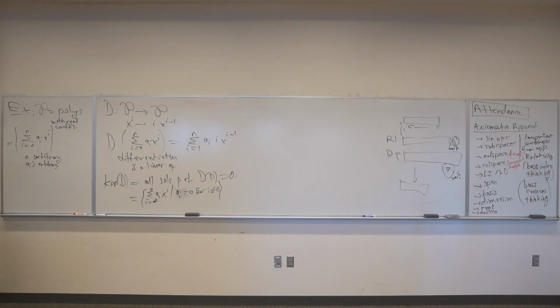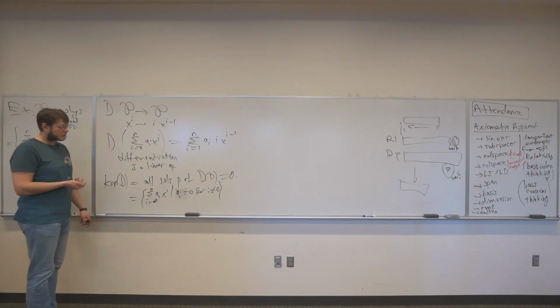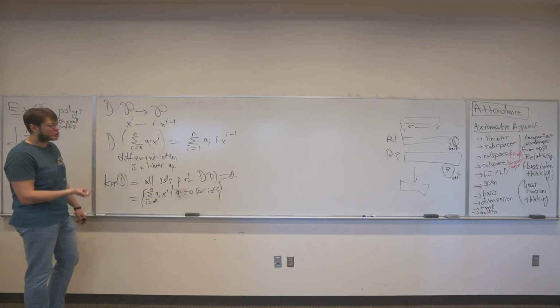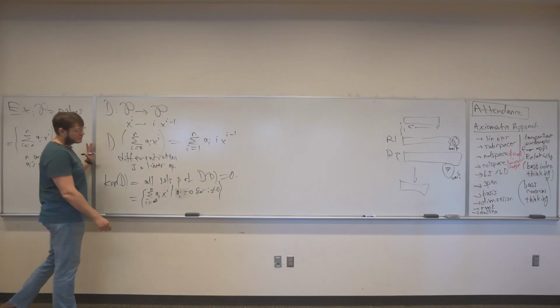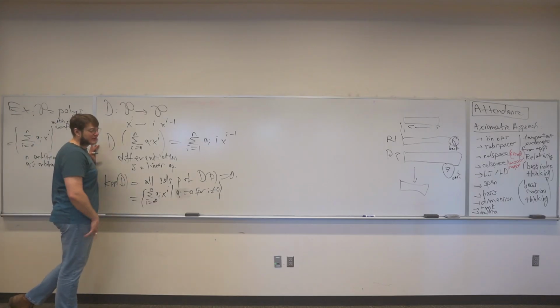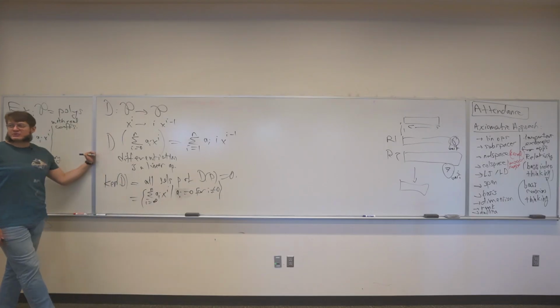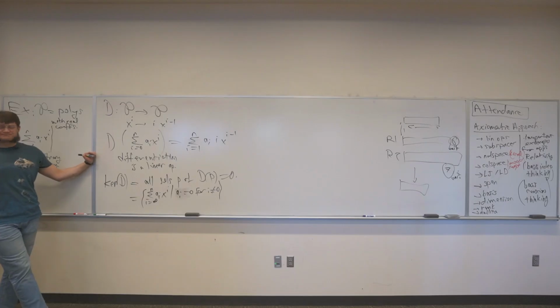What's the basis for it? Well, the polynomial that is 1, the constant polynomial that is 1, is a non-zero vector. And certainly, any constant polynomial is a scalar multiple of the polynomial that is 1.